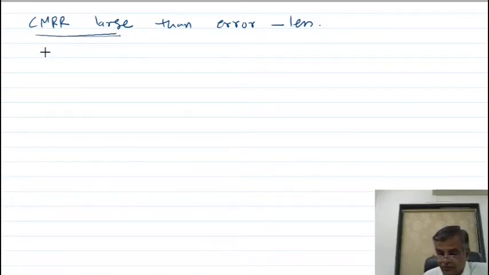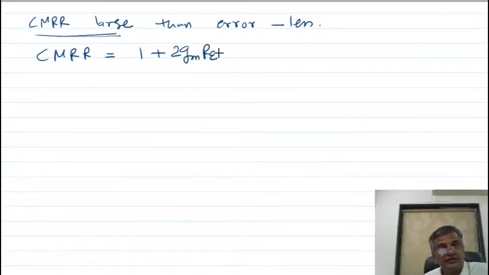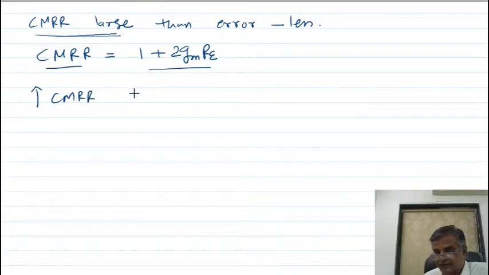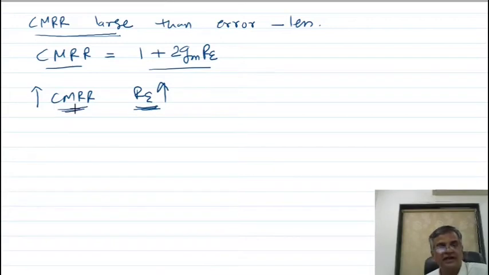So the question is how you can increase the value of CMRR. For that we derived one equation for the differential amplifier, and this equation suggests that to increase CMRR, RE should be increased. If you keep a large value of RE, then CMRR will be large.